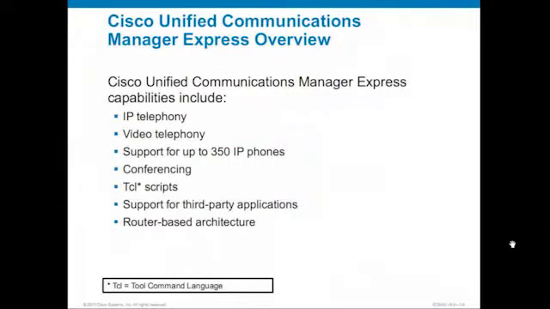This is a router-based solution which Cisco Systems developed for medium to small size organizations. Unified Communications Manager Express brings all the functionality that was previously reserved for large organizations with large PBXs to smaller environments.